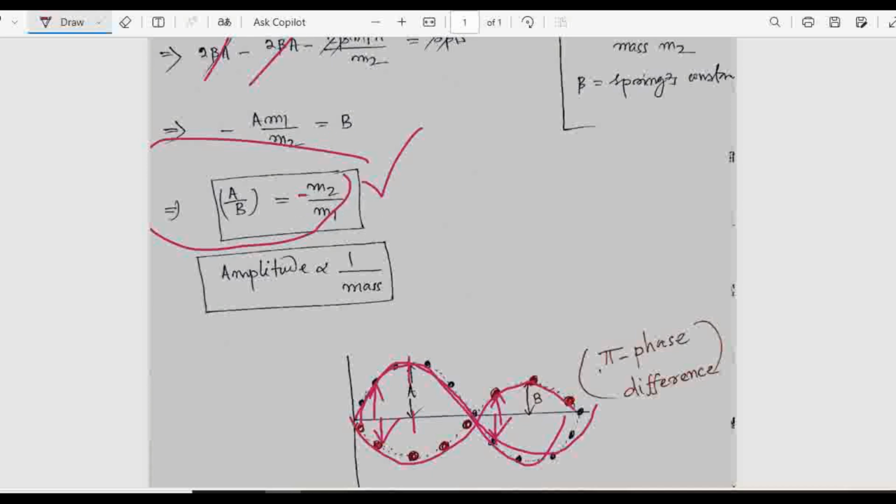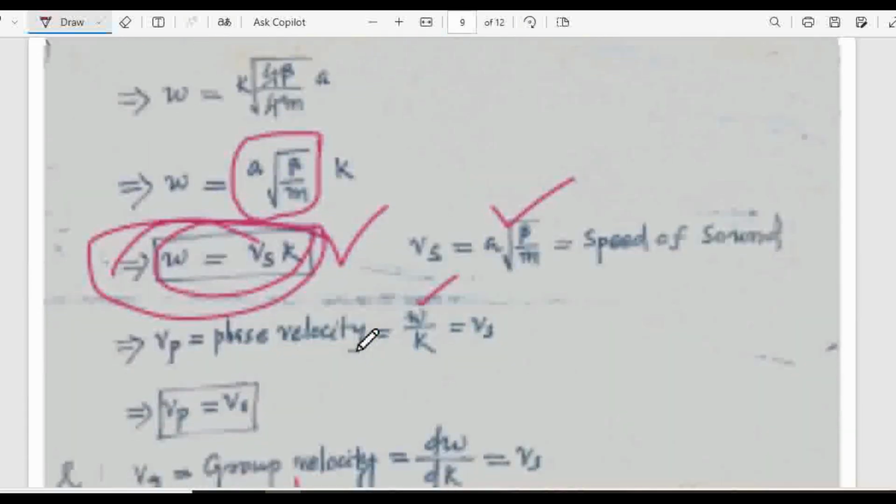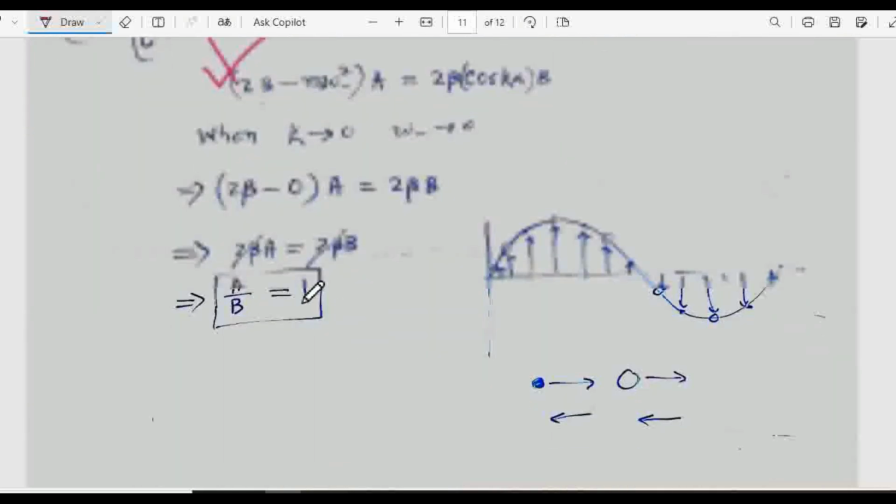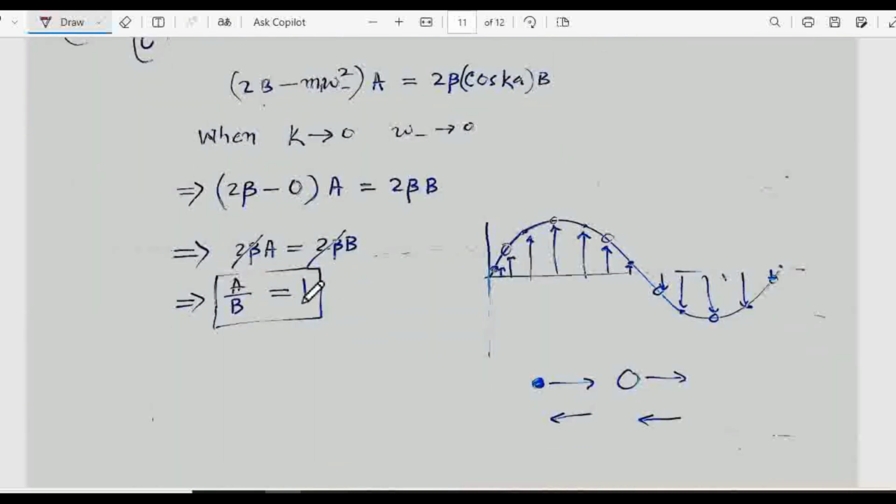But in this case we are getting positive 1, which means they are in phase, and the amplitudes of both waves are the same. Then the wave looks like a single wave.